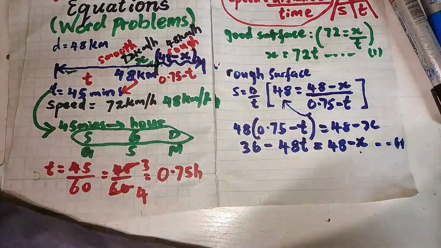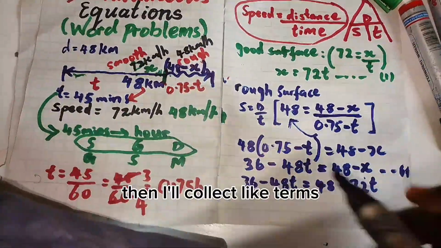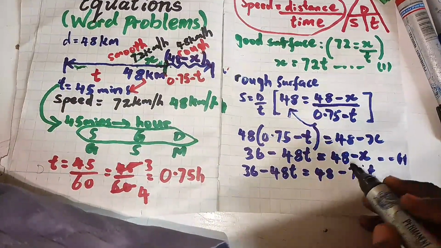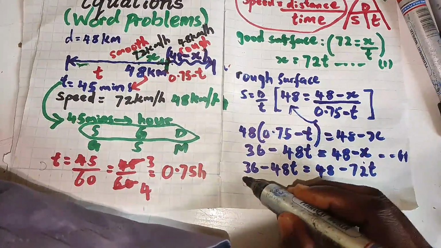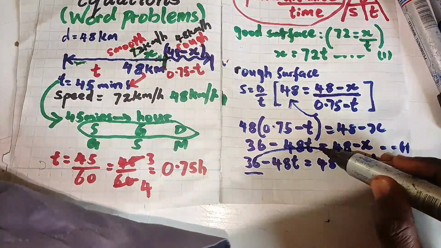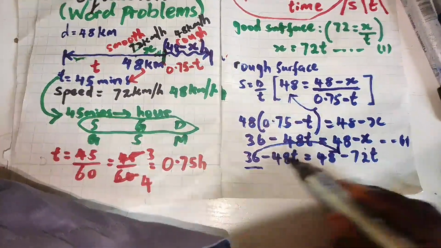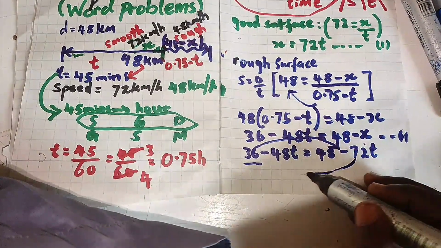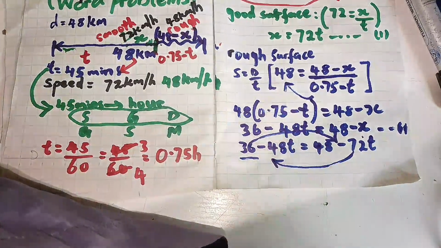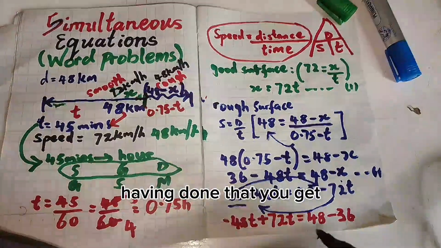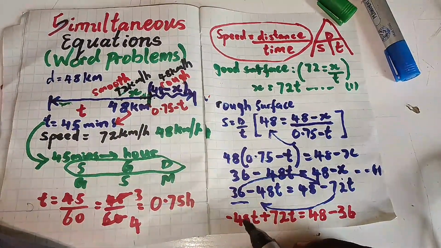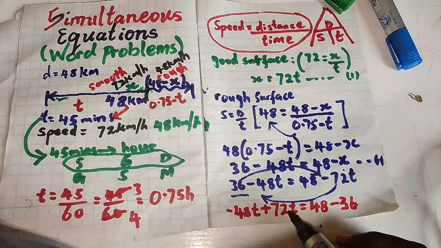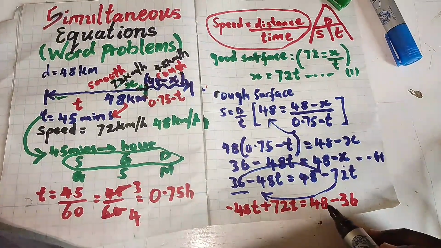Then I'll collect like terms. 36 moves over the equality to join 48, becoming 48 minus 36, and minus 72t becomes plus 72t. So we get minus 48t plus 72t equals 48 minus 36.